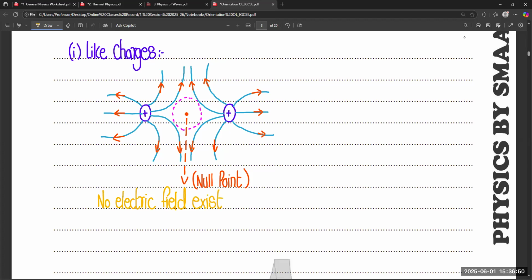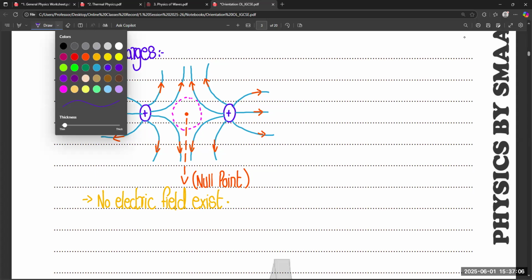So this is about the null point. And if both charges are equal, then definitely this point will be in the middle. And the second concept is about unlike charges.